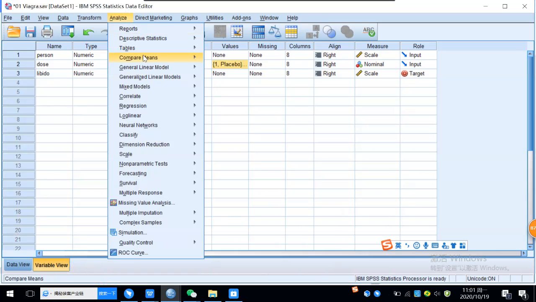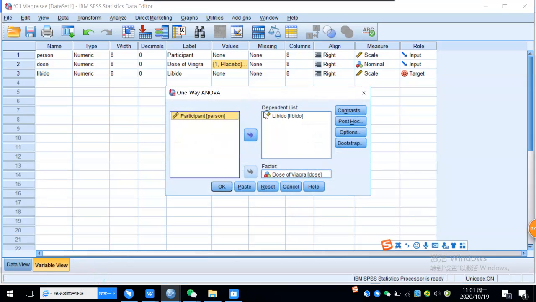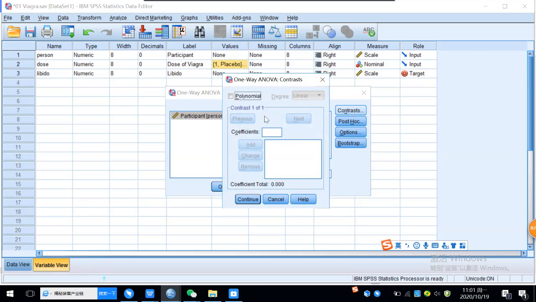Analyze, Compare Means, One-Way ANOVA. We will keep all of these things, and then we select Contrasts here. Here we have the polynomial. For degree, we have the linear degree, and also we have a quadratic degree.